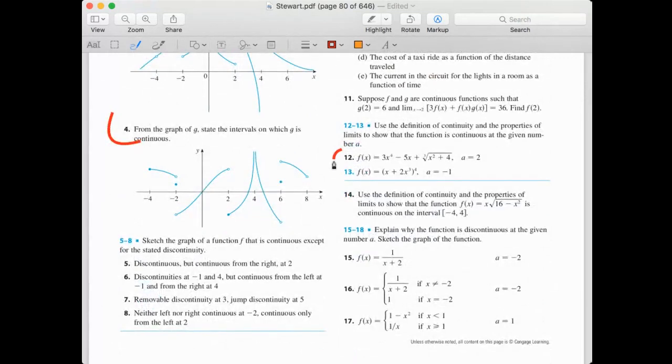Okay, number 12. And number 16. All right, I'm leaving you these: 4, 12, 16. So we will review. I'm going to call people for 4, 12, 16.